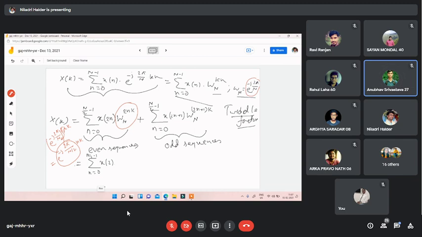Wn by 2. Exactly. For n you are getting wn, for n by 2 you will get wn by 2. That means wn square, if you have that square, you can put here by 2. Okay.